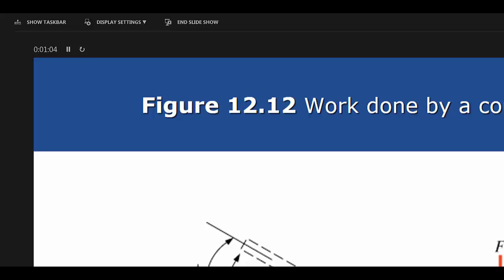So typically, then, the work is force times the distance, and we're dealing with a linear type application, right? But now, since we're dealing with a rotating shaft, we have to look at it from an angular standpoint.